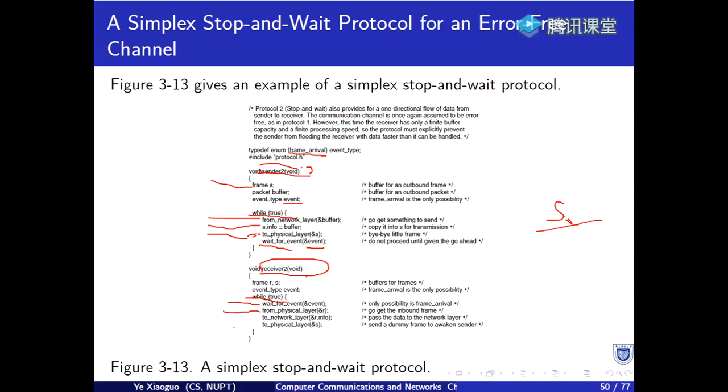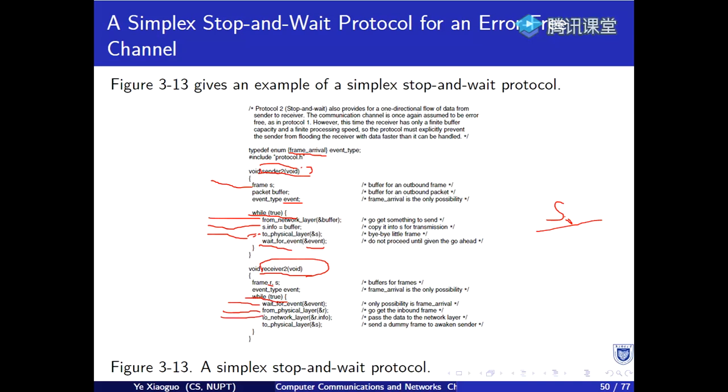Then this sentence from physical layer means the data link layer receives a frame from the physical channel and puts the frame into the variable R. R here is a frame, the frame type.